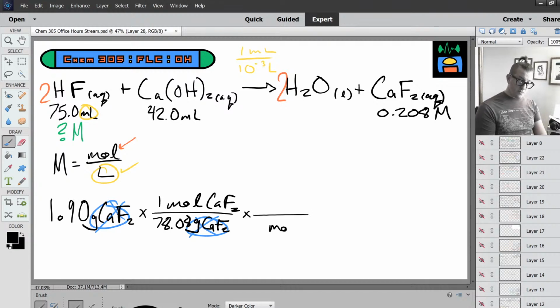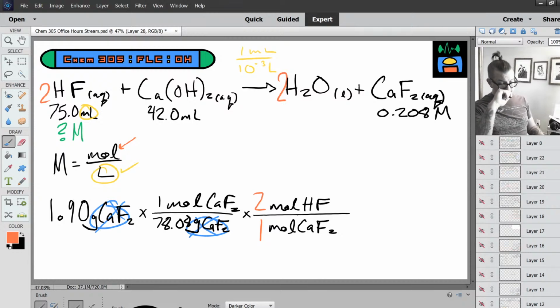Next, we want to convert from moles of calcium fluoride to moles of HF. For every 1 mole of calcium fluoride produced, sorry, tongue-tied, 2 moles of hydrofluoric acid react.